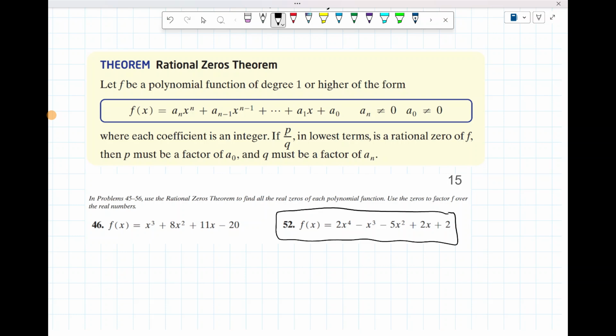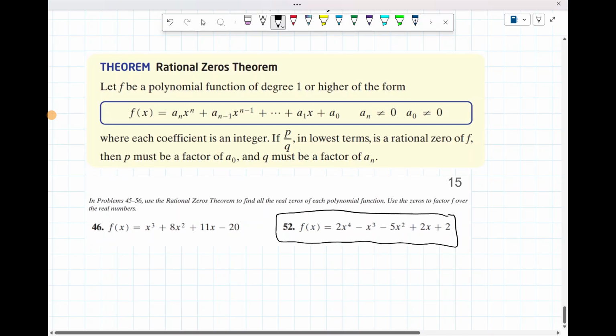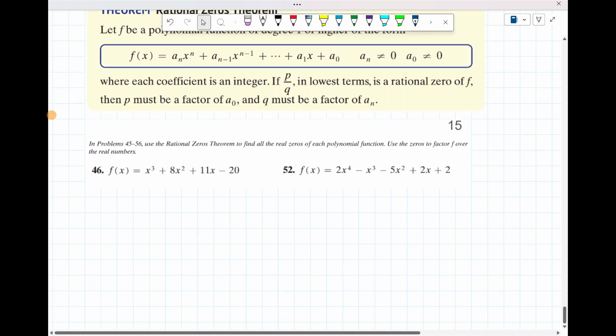The issue with this approach is that there are an infinite amount of numbers, and so we don't want to try every single number that's out there because that would be impossible. What the Rational Zeros Theorem does is it helps us narrow down the possibilities. So the first thing we are going to do in this problem is we are going to try to find the list of all the possible rational zeros of this polynomial.